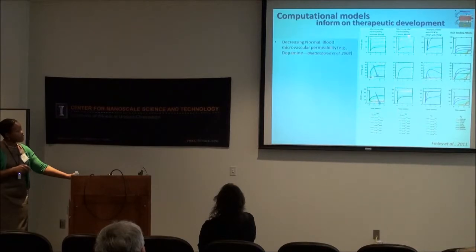And if you were to change microvascular permeability between the tumor and the blood, if you increase microvascular permeability there, that's where you would see more effective treatment with this anti-VEGF agent.